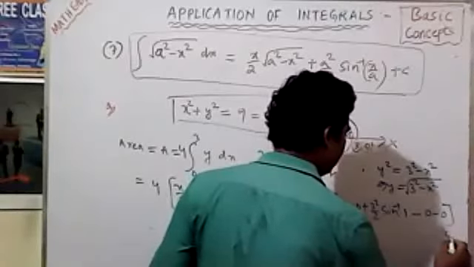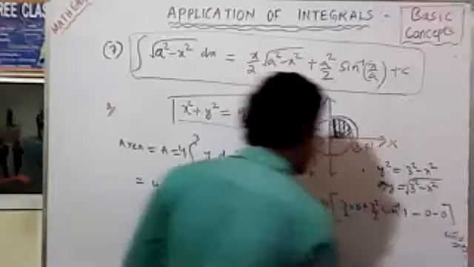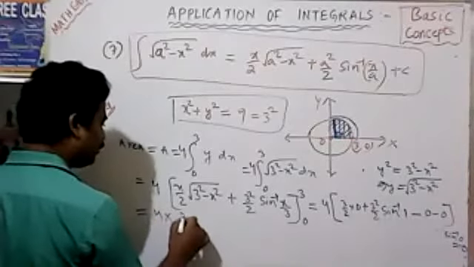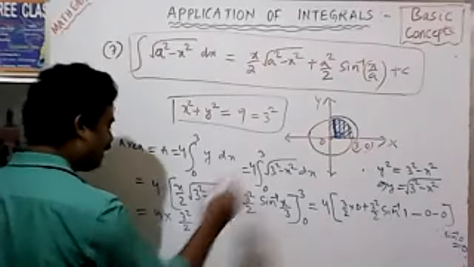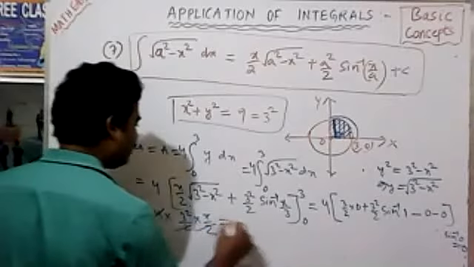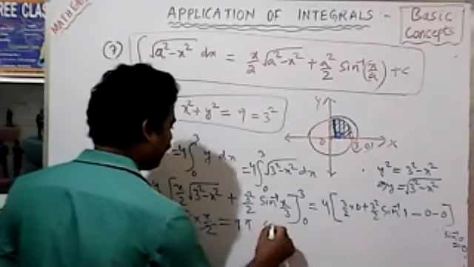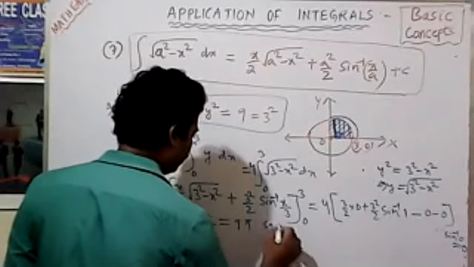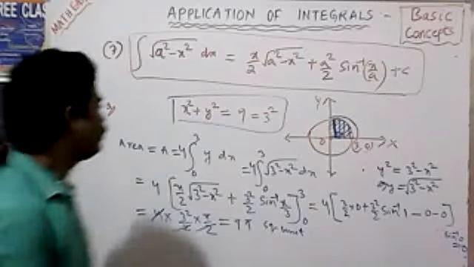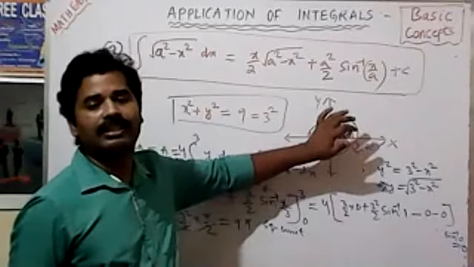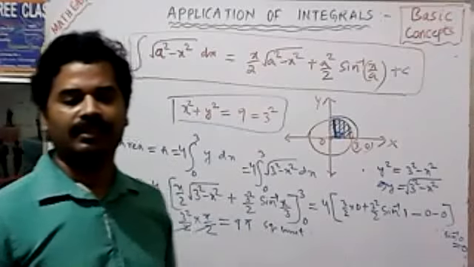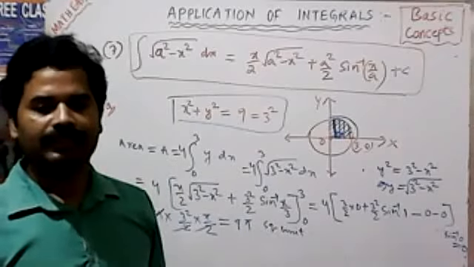So this comes to 4 into 3 square by 2 into pi by 2, that means 9 pi square units. This is the total area of the circle. Next question.